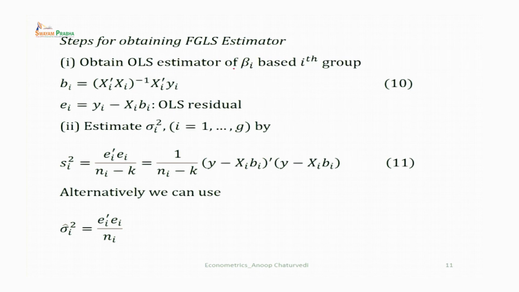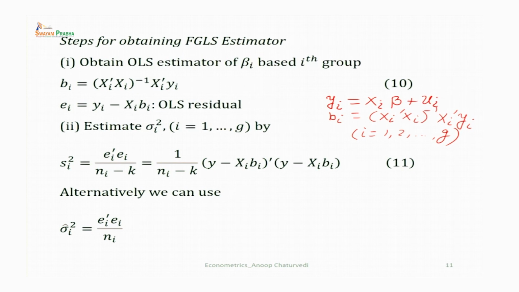First, we obtain the OLS estimator of beta based on the ith group. The ith group is yi equal to xi beta plus ui, and when we apply OLS to this particular ith group, we get bi equal to xi transpose xi inverse xi transpose yi, for all i equal to 1 to g.